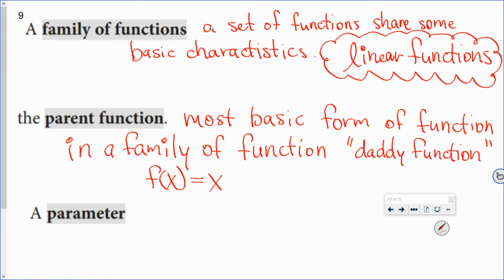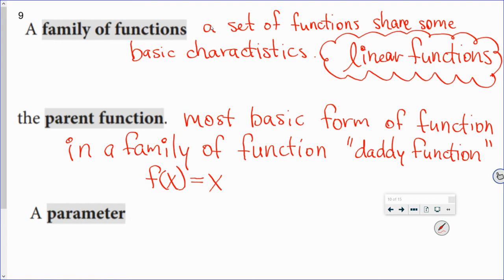Y equals x. And then the family is y equals x plus 1, y equals x minus 3, y equals 2x, y equals 2x plus 1. We see the steepness of the line changing. We see it's either moving up or down.